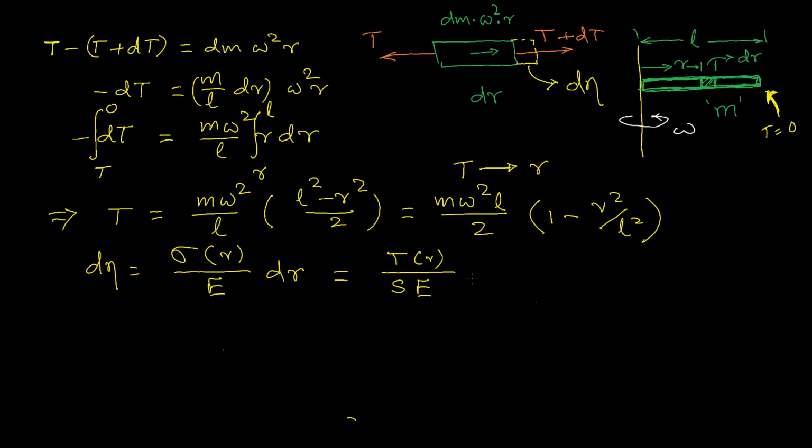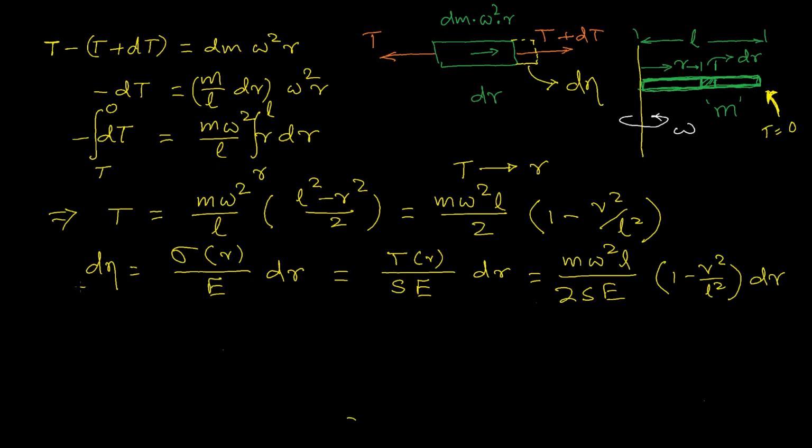Substituting the value of T, it becomes m omega square L over 2 SE times 1 minus r square over L square, then dr.